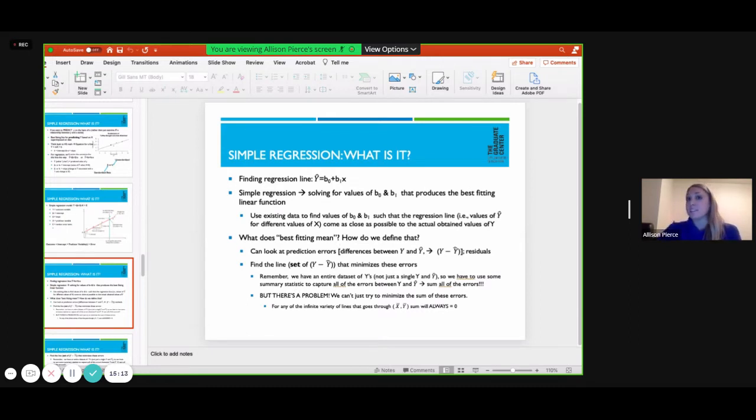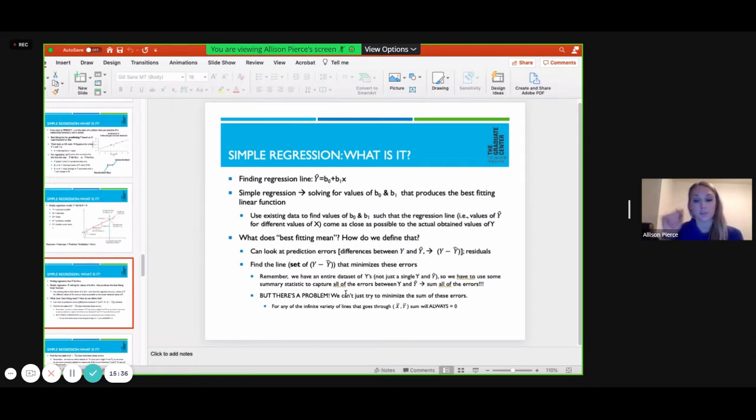So what do we typically do in these situations that you've seen all throughout this course, when we're looking at deviations from some other metric and we want to summarize them? What do we always do? Or what's one solution? There are a couple of things, but think about sums of squares.